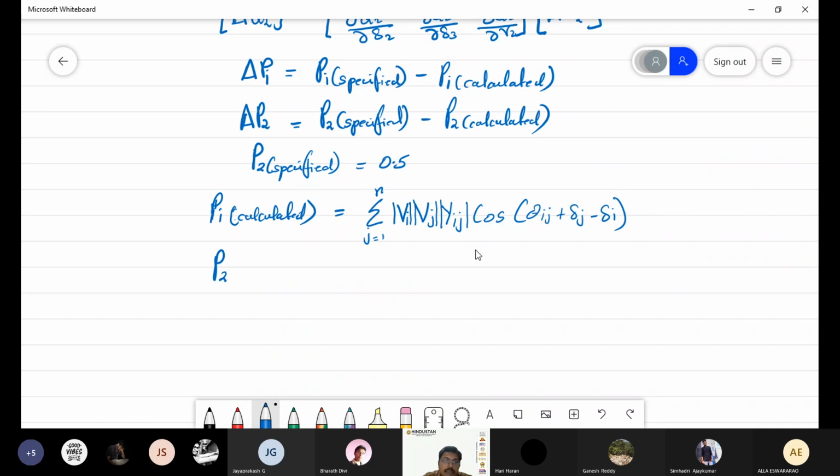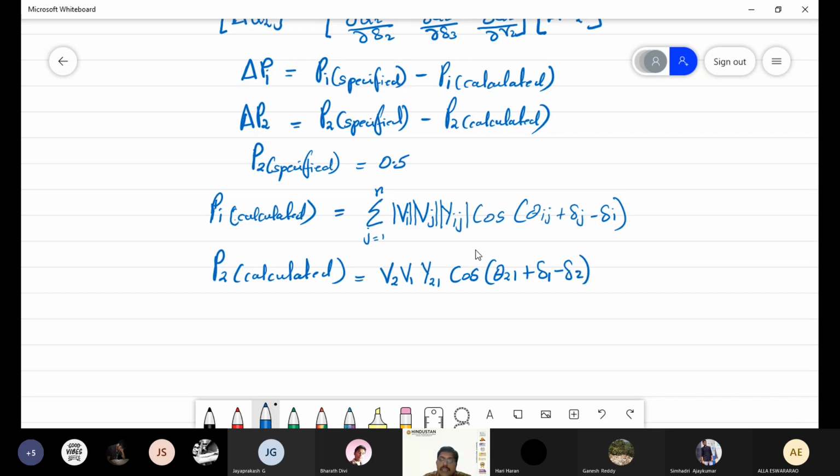So let us see. For us, we need P2 calculated. P2 calculated is equal to sigma j is equal to... we don't want to put sigma directly, we can expand, since it is a 3 bus system and i is equal to 2, and j varies from 1 to 3. There are no more conditions, therefore we can write it as V2 V1 Y21 cos of theta 21 plus del 1 minus del 2.